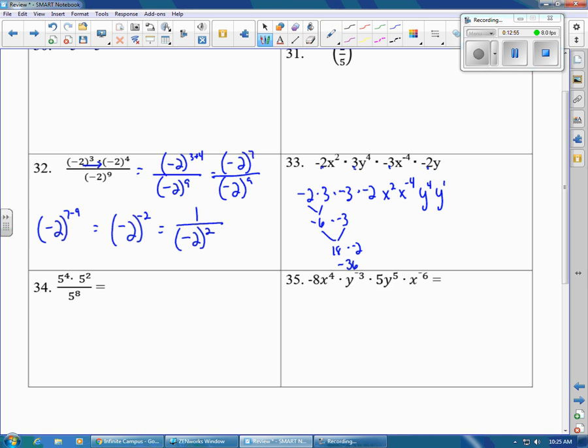Now I have to deal with all of my exponents. So I've got x to the 2 plus negative 4, which is going to be x to the negative 2. So negative 36, x to the negative 2 power, then y to the 4 plus 1, or y to the 5th power. I'm going to rewrite it over to the right so I have more room. So I've got negative 36, x to the negative 2 power, y to the positive 5th power.